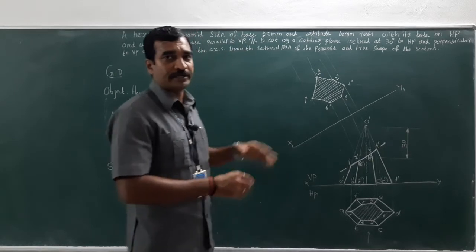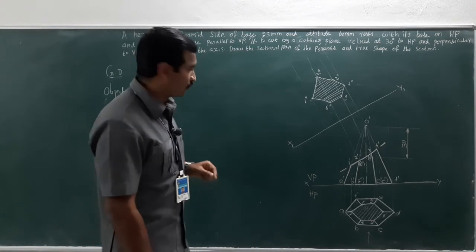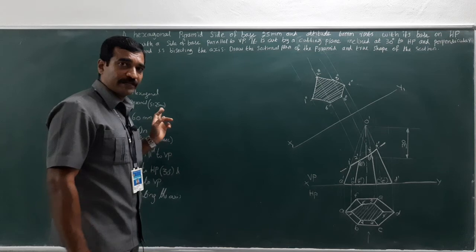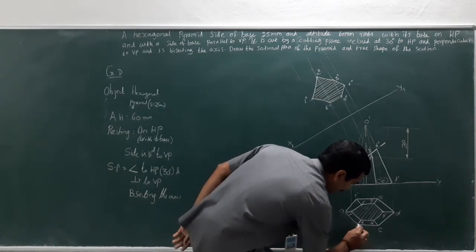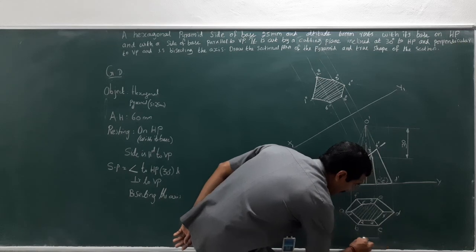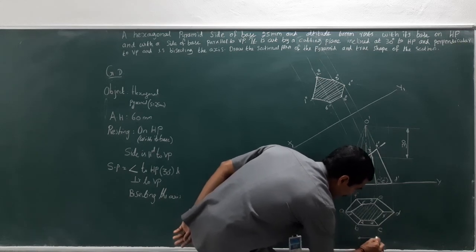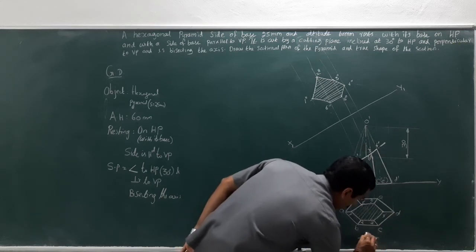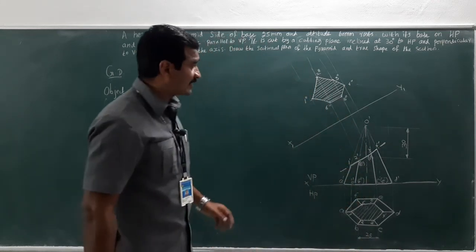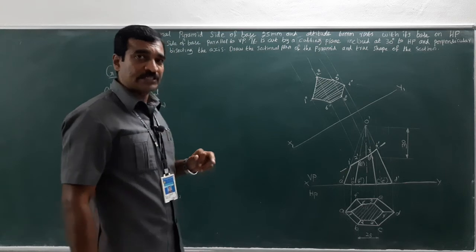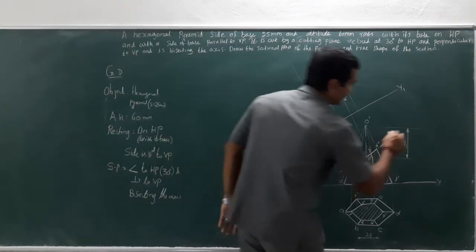Now I need to concentrate on the dimensioning. First dimensioning: the side of the pyramid is 25 mm. So I need to specify the side as 25 mm. This is 25. Next, the axis side is 60 mm.